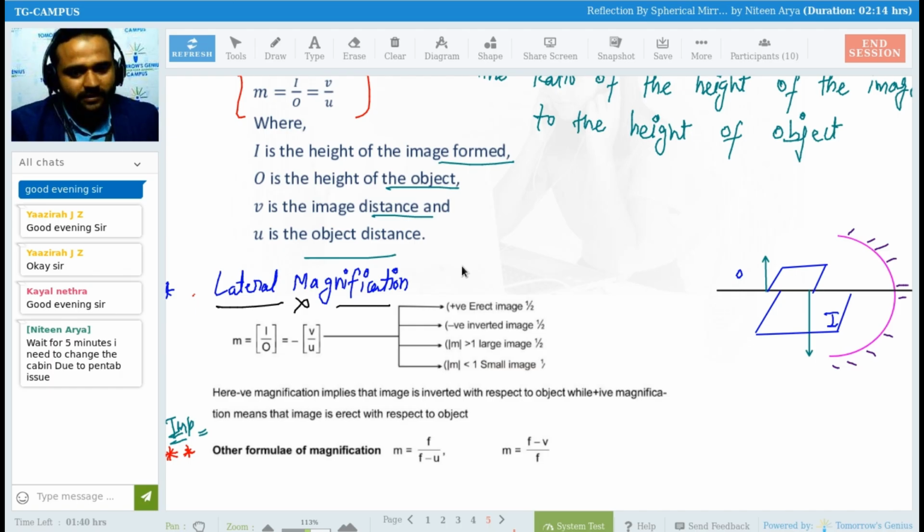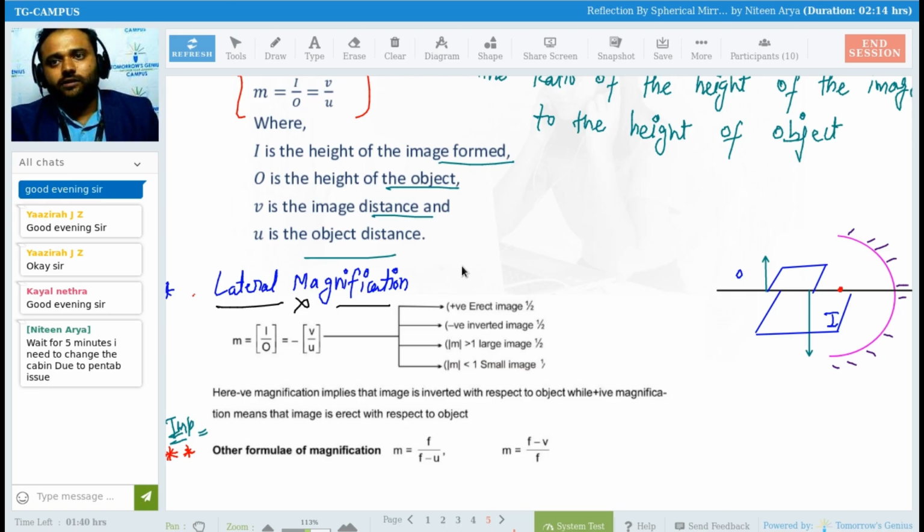Is this clear, everyone? And there is one important thing you are going to observe also. Whenever an object is kept very far away, the image is formed at the focus, which is very diminished, very small.